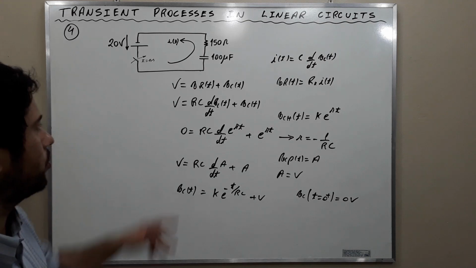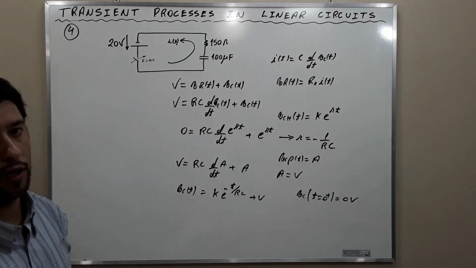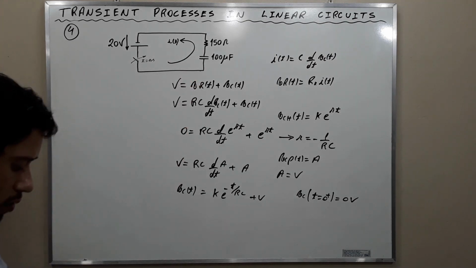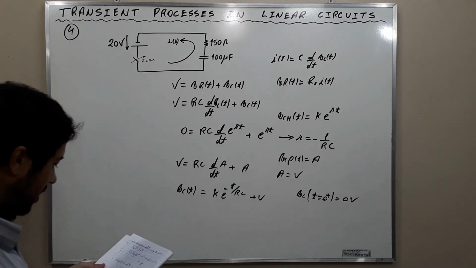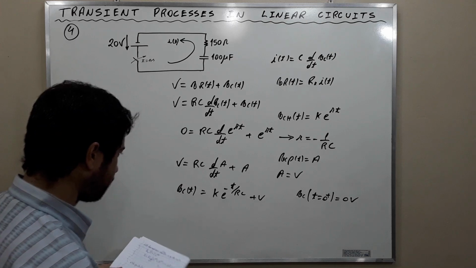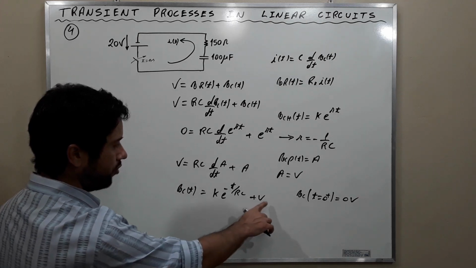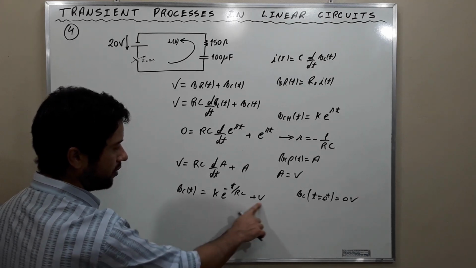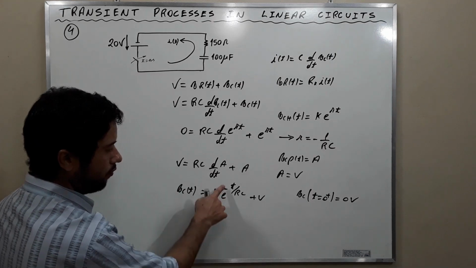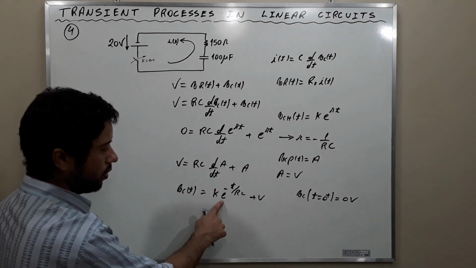And as we know that the voltage across a capacitor does not change immediately, we can confidently say that we set this to 0 for t equal to 0.